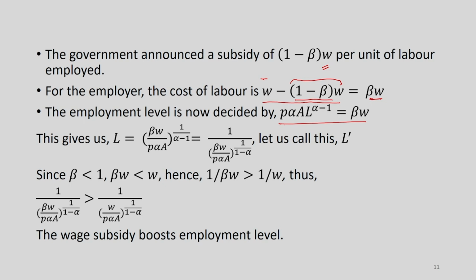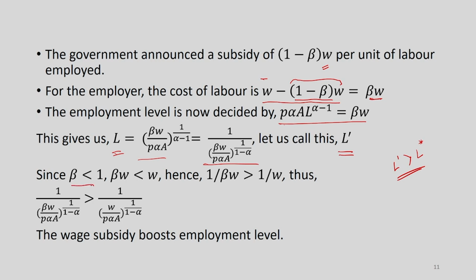From this we can solve for L, the optimal labor employment, and that, like before, is turning out to be (1 divided by beta W divided by P alpha A) to the power 1 divided by (1 minus alpha), and let us call this L dashed. Now, I am going to claim that L dashed is actually greater than L star. On what basis am I saying this?